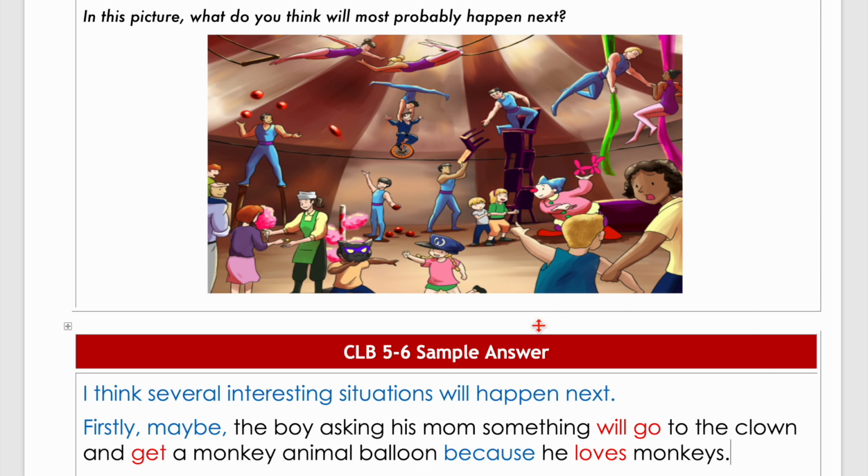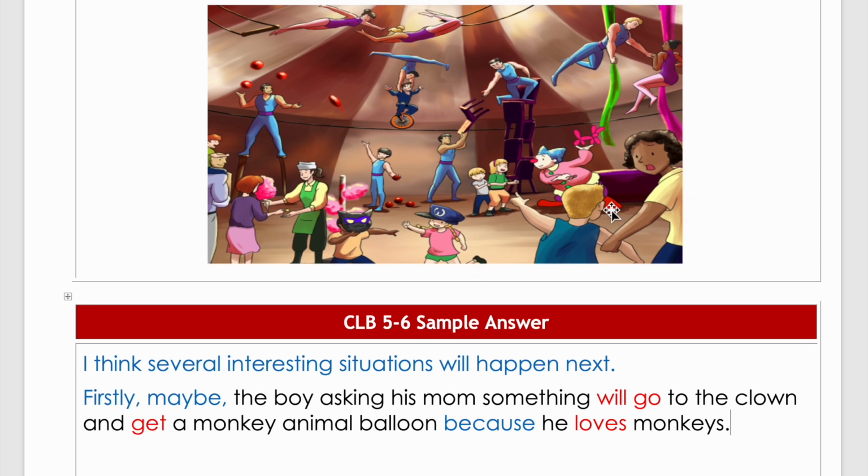First, we already said before that this boy is talking to his mom, pointing at something. So the first thing to note is that we don't need to say on the right, on the left, in the middle. We don't need to say that. If you say just "the boy will go to the clown," we don't know which boy, right?